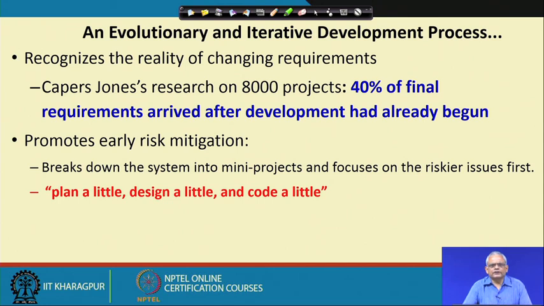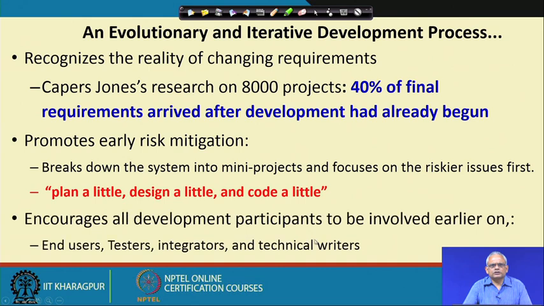But the main difference between the incremental model and a purely evolutionary model is with respect to upfront identification of the requirements. The evolutionary model is also called plan a little, design a little, code a little, because each time only a few features are identified. Plan for those features is done, and they are designed, coded and deployed at the customer site.